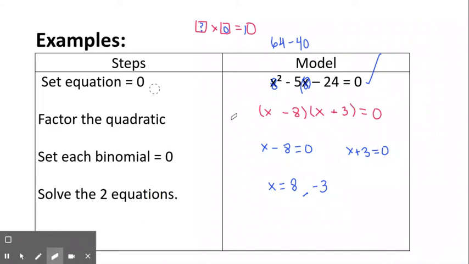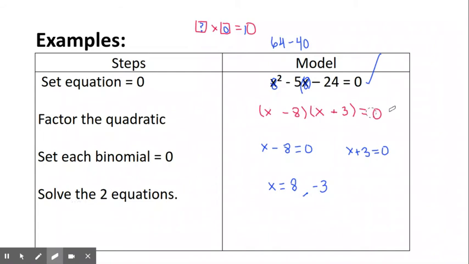Now, this is one example of how we solve by factoring. The part that can change up is how you factor. We saw in the past week, there are a lot of different ways you can factor expressions. We reviewed how you factor different expressions yesterday. So if you missed that lesson, make sure you watch that first, because it was a good opportunity to review all these different factoring methods we learned.